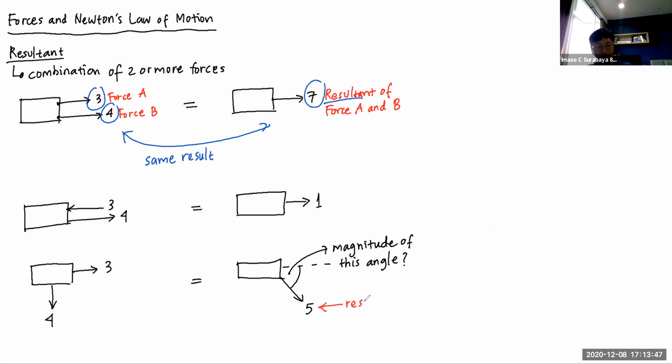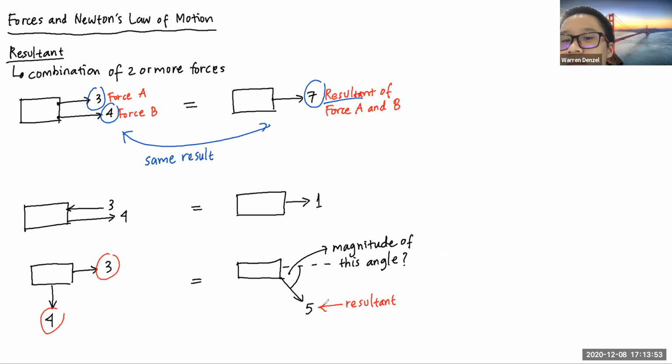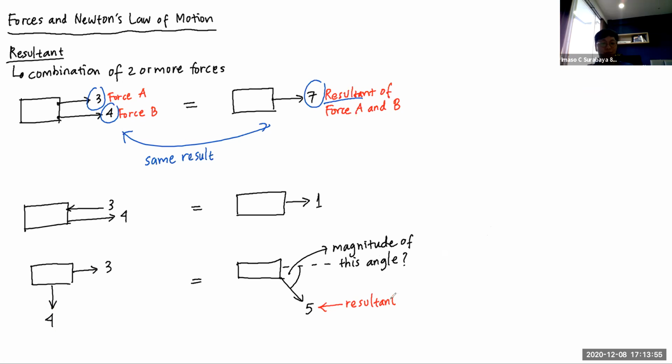So this is again resultant. The resultant doesn't always have to be 3 plus 4 equals 7. The principle is that the resultant gives the same result as the two forces that consist of it.